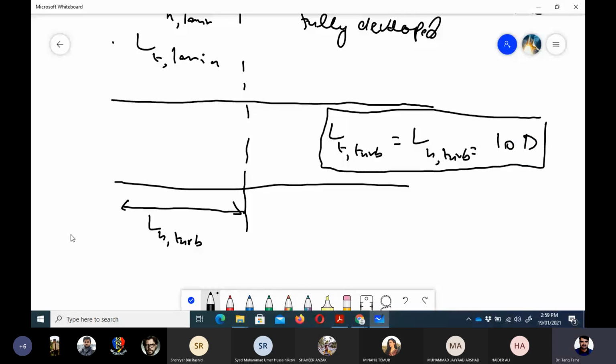So if the flow through the pipe is turbulent, it takes about 10 diameters for the flow to become fully developed. So a 10D distance would be the entrance length for the velocity boundary layer as well as for the thermal boundary layer.